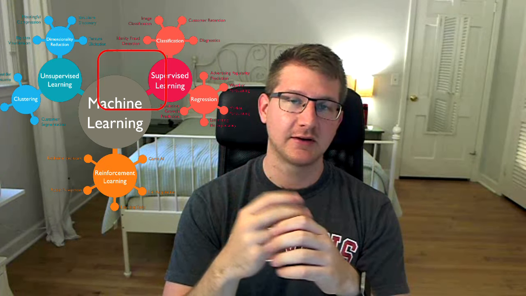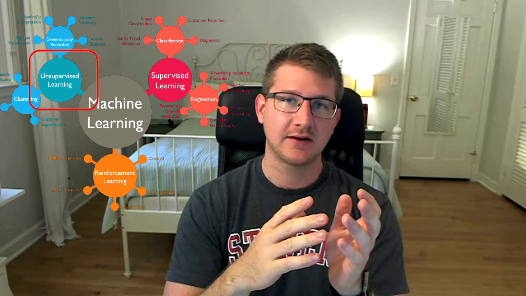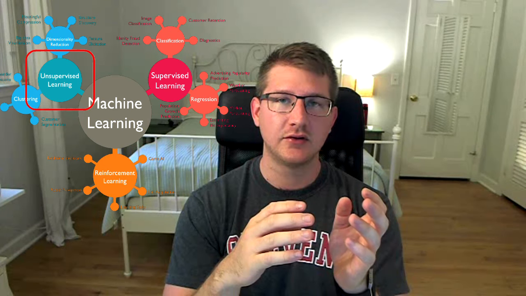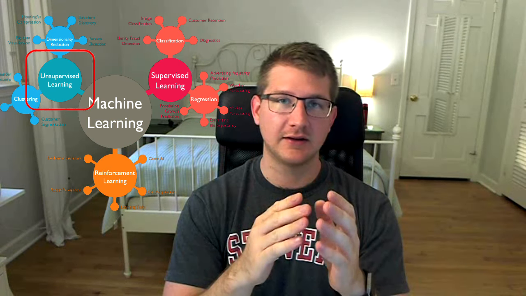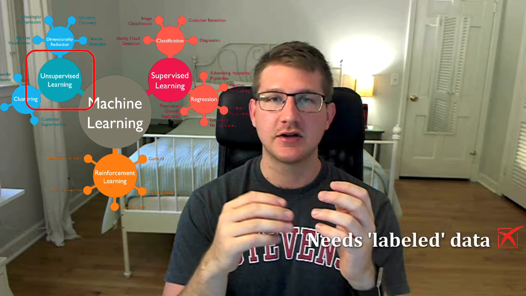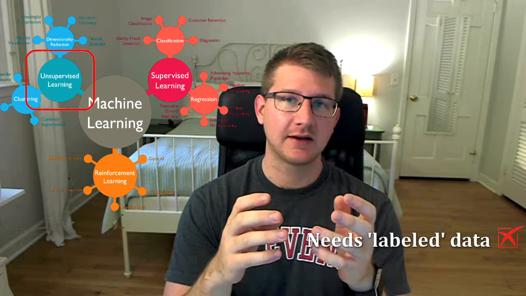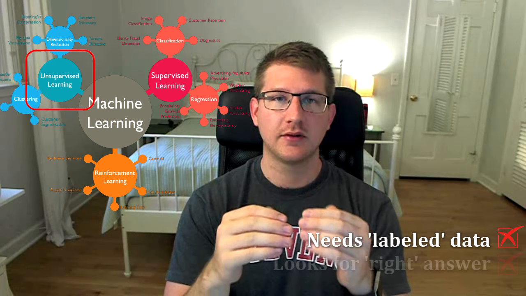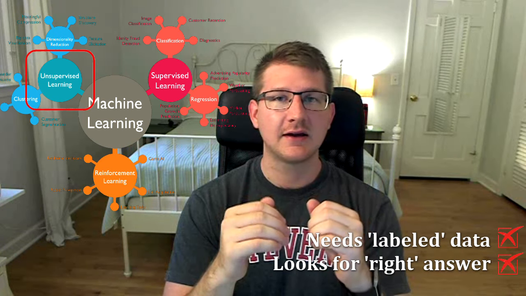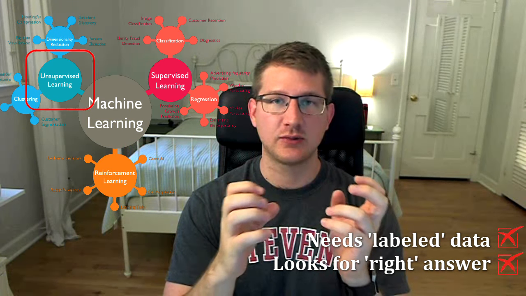The second type of learning technique is called unsupervised learning. In unsupervised learning, you give the computer a large data set, but instead of being labeled like it was in supervised learning, it is unlabeled, meaning the computer doesn't know what's good or bad, right or wrong. Unsupervised learning isn't geared toward giving you the correct answer, it's only geared toward creating distinctions between different groups.